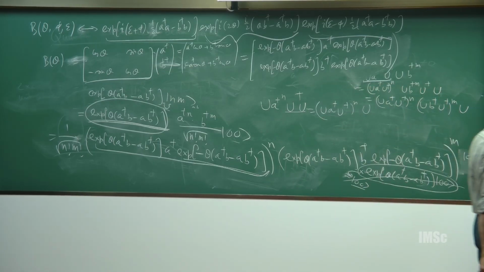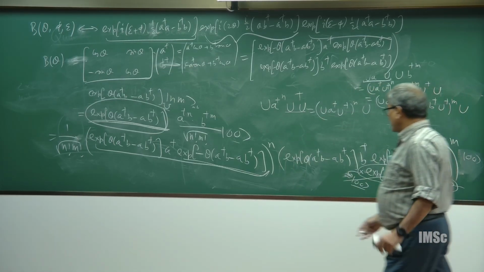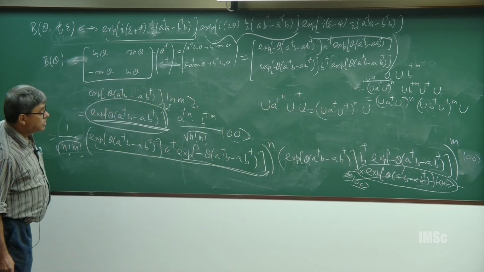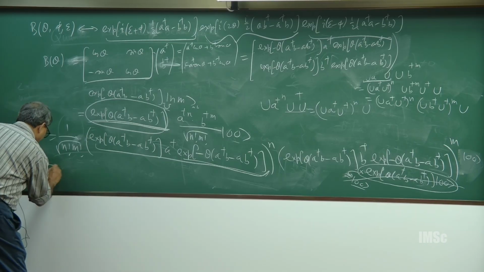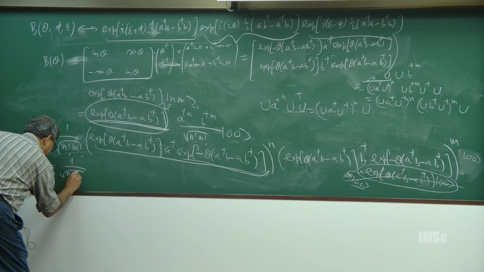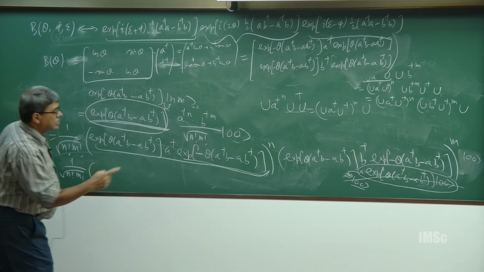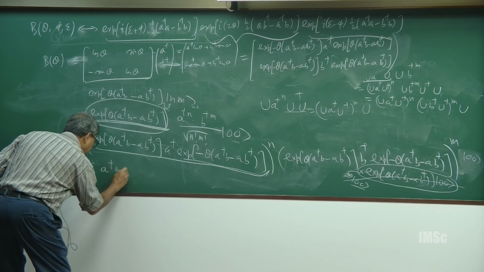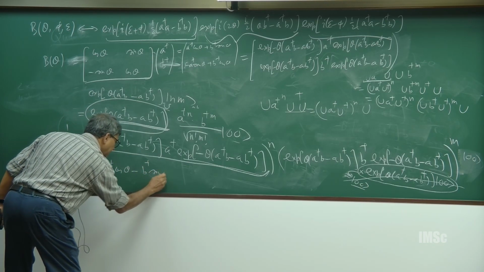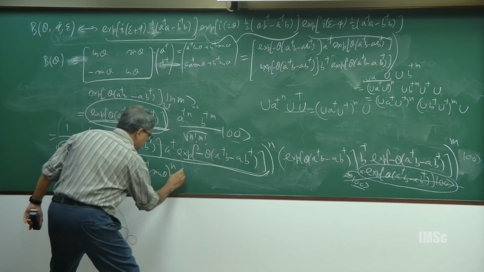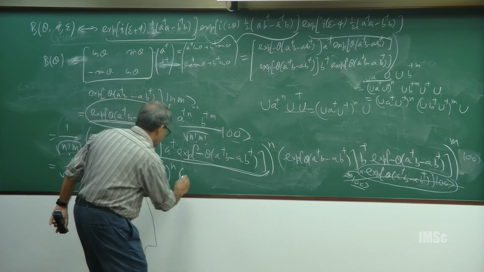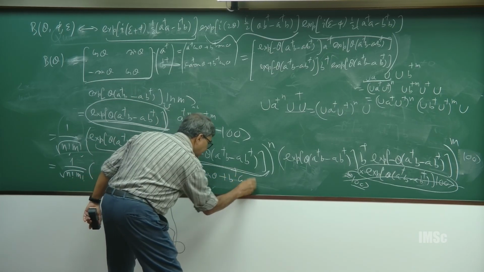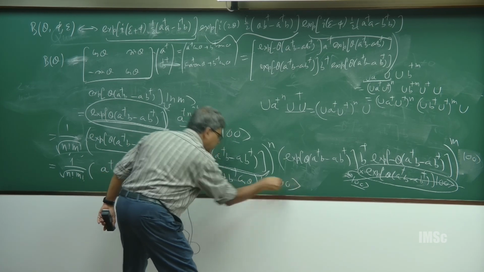Okay, good. So where are we now? We are here. Therefore, our life is much simpler now. What is this term? A dagger cosine theta minus B dagger sine theta to the power n, and then A dagger sine theta plus B dagger cosine theta to the power m acting on 0 0.